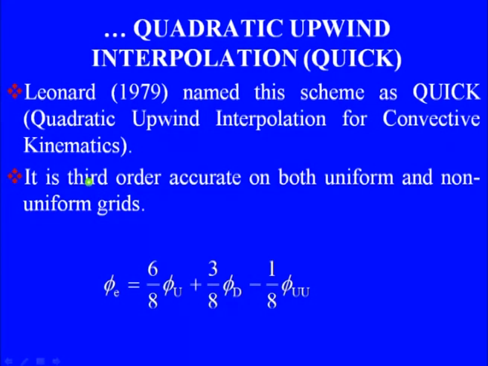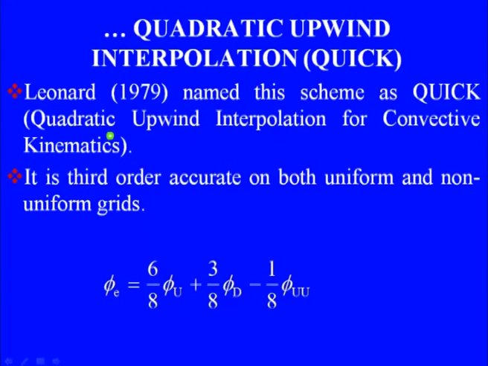Convective kinematics, because this particular interpolation would be used for convection dominated problems, and quadratic because we had obtained this interpolation based on the quadratic interpolation formula, and upwind is there because we have used 3 nodes, 1 downstream and 2 upwind nodes. So, that is why the name is quadratic upwind interpolation for convective kinematics.